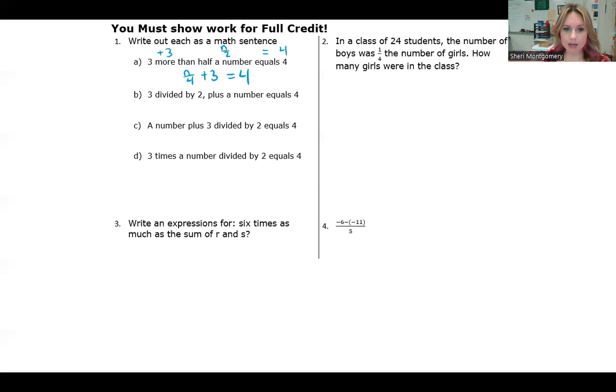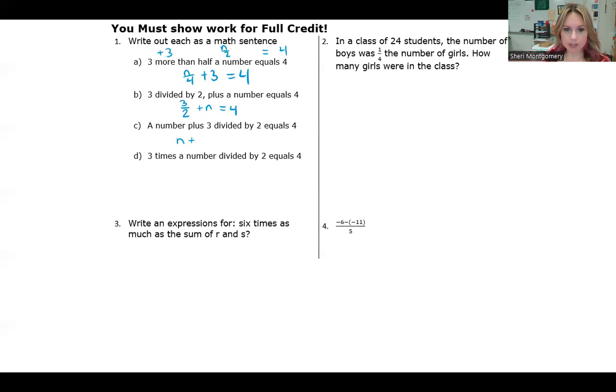The next one, 3 divided by 2. So 3 divided by 2 plus a number equals 4. A number plus 3.